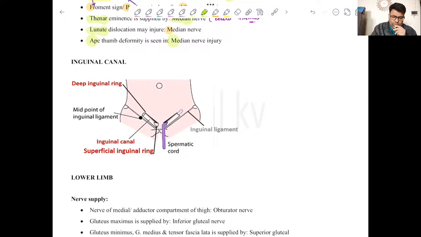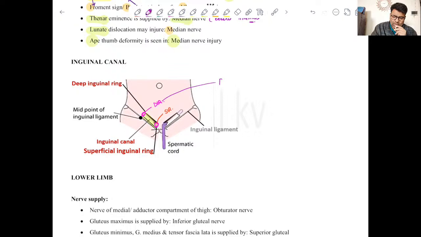Then moving forward to the inguinal canal. If you see, this is the inguinal canal, and the inguinal canal has two openings. One is deep and one is superficial. So this is the deep inguinal ring and this is the superficial inguinal ring. Now these rings are actually defects.